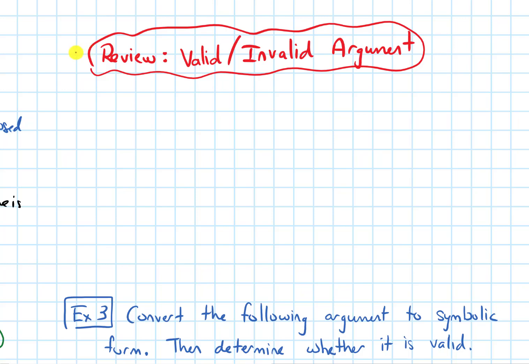In this video, we are continuing our Quiz 5 review, and we'll look at valid versus invalid arguments. So recall that an argument of the form, I'm going to write the propositions that were given first. I'll call one of them P1, next proposition P2, up until we get to PK.